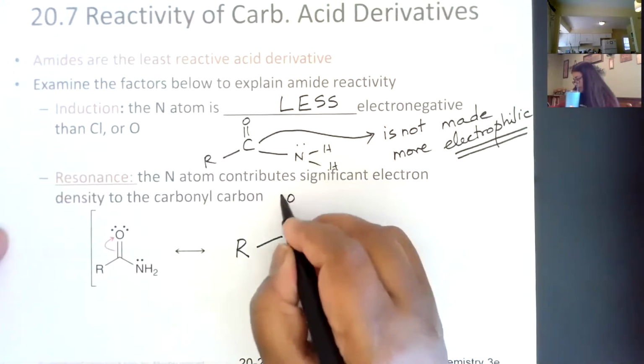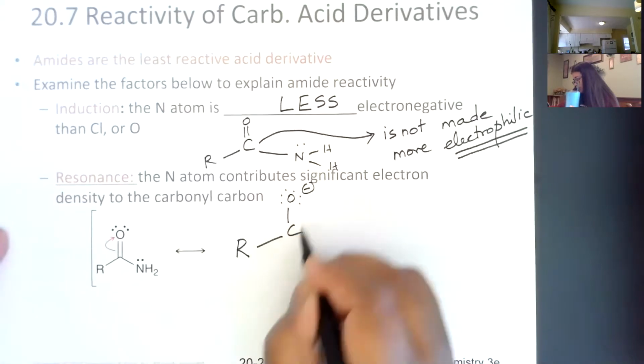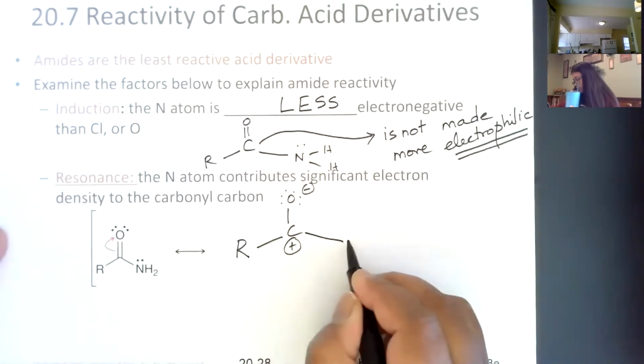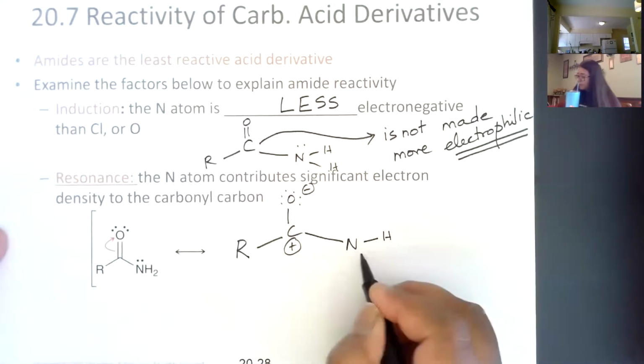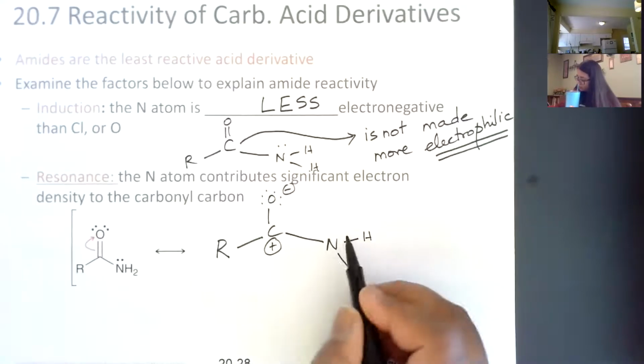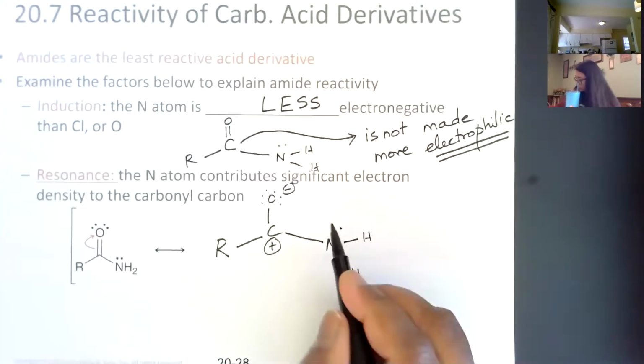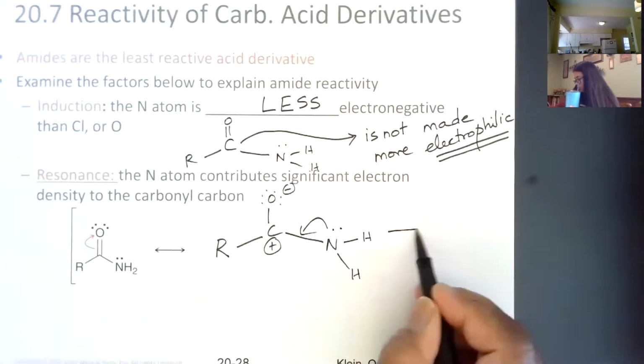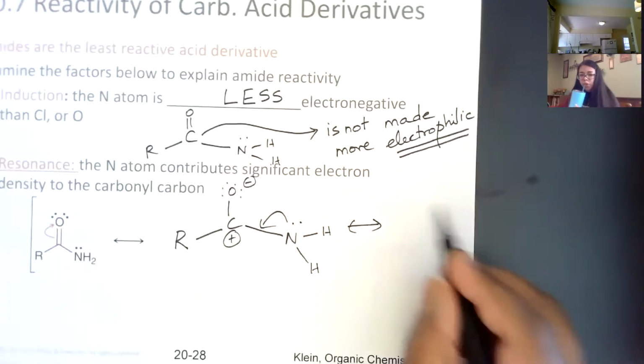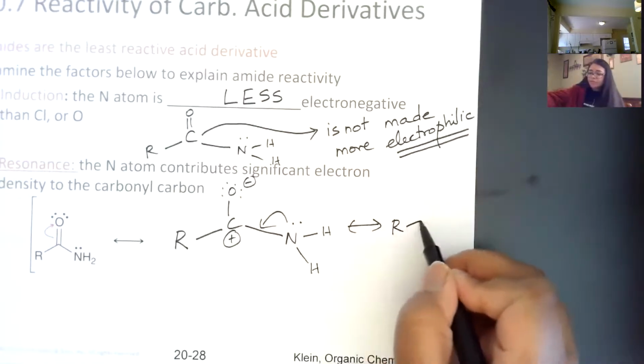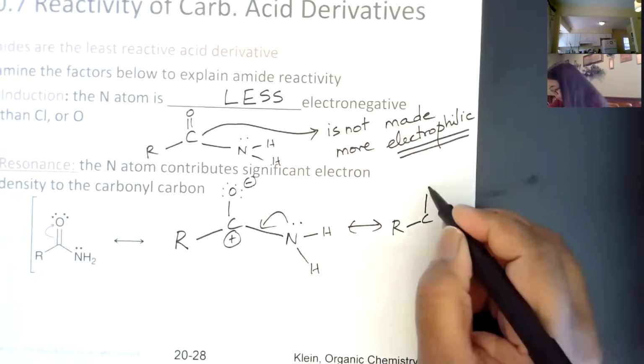So we can do the same thing here. Positive charge. But nitrogen, being less electronegative, will be okay carrying a positive charge in the resonance structure.